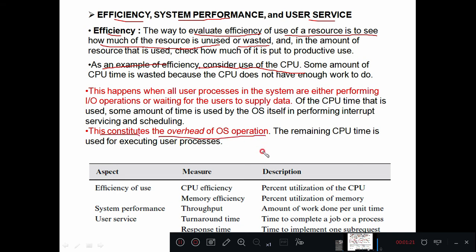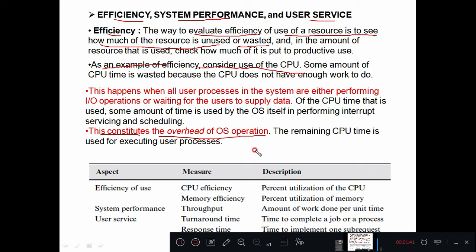What is overhead of an operating system? Operating system overhead is that some of the resources are used by the operating system itself. Resources may be in the form of memory, or sometimes in the form of CPU time, right?